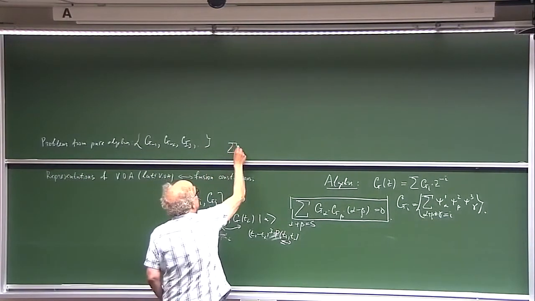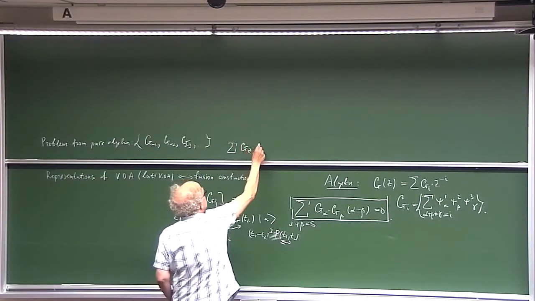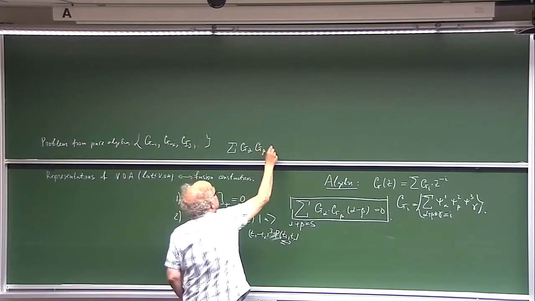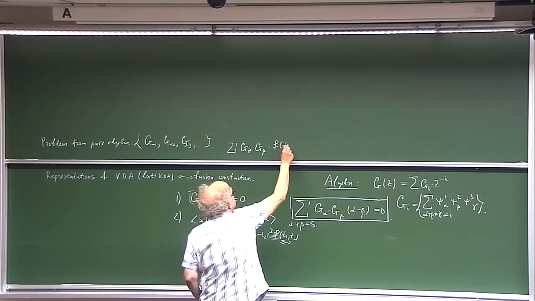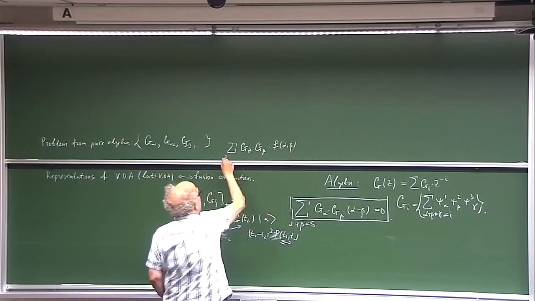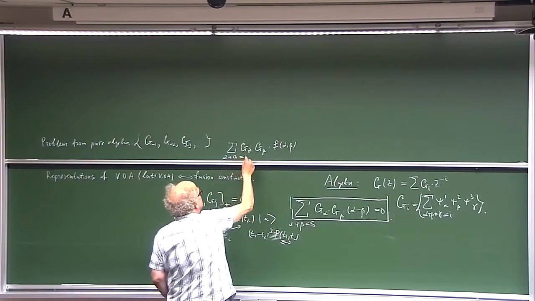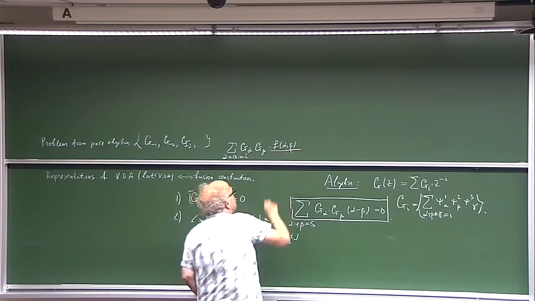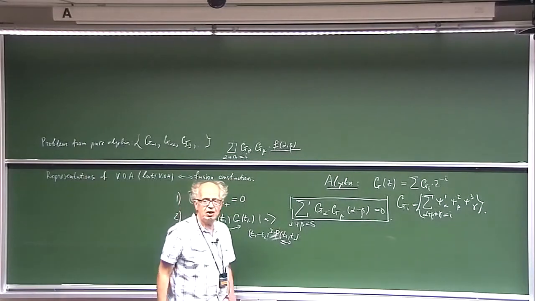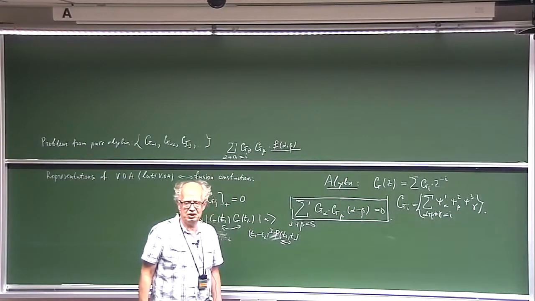It is the sum of g alpha, g beta, times some function f in alpha beta, where alpha plus beta equals s, and about this function we know that it is skew-symmetric in indices alpha and beta.